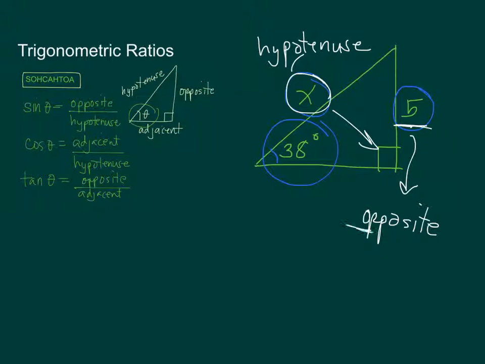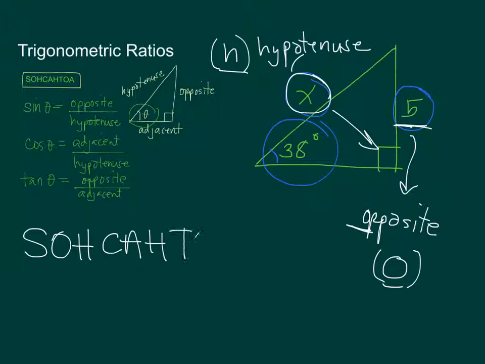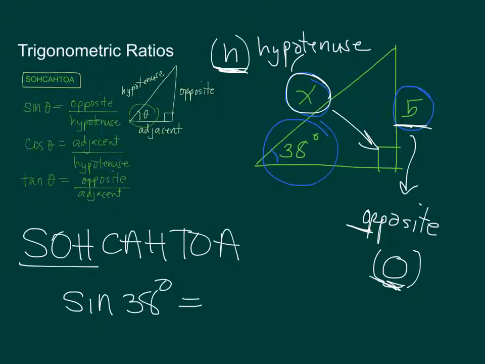As we can see, we have the opposite side and the hypotenuse, so it's an O and an H. In SOHCAHTOA, the function that relates the opposite side and the hypotenuse is the sine, because it's the SOH. So if I want to make an equation out of 38, 5, and x, I should have sine of 38 degrees equal to 5 over x. This is the opposite over the hypotenuse.